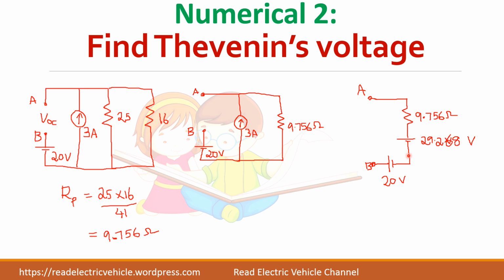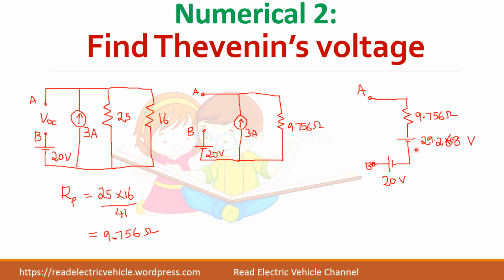So this voltage source is in series with the same resistance. You see the current direction arrow is upwards, so the polarity of the voltage source should also be positive upward. Then you have another voltage source here, that also you mark here.